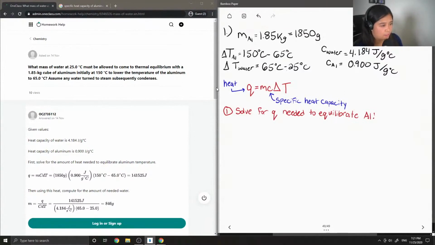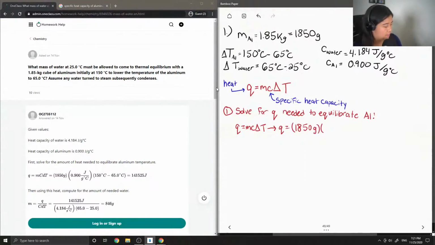So again, it was using Q equals mc delta T. We just need to plug those values in. So Q is equal to 1,850 grams.